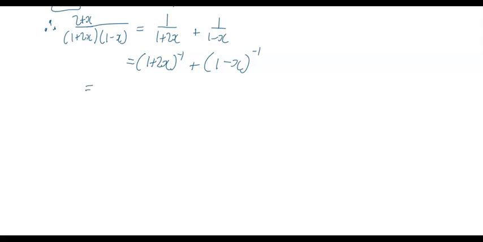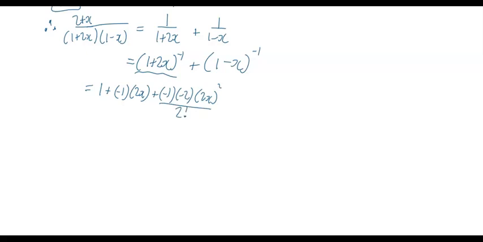My first one, expanding this one here, is just going to be 1 plus (minus 1 times the 2x) plus (minus 1 times minus 2 times the 2x, and the 2x is squared this time) divided by 2 factorial.